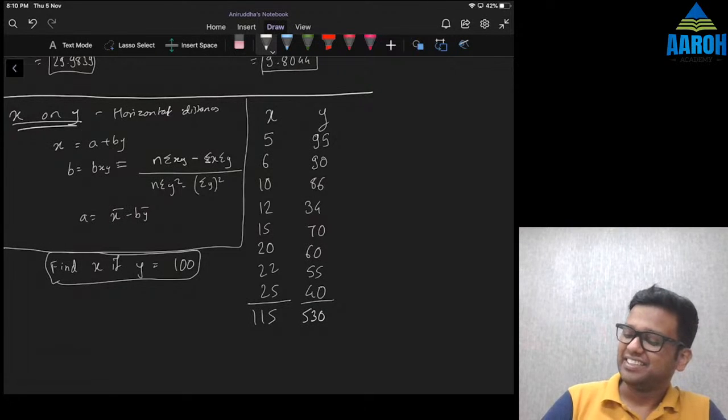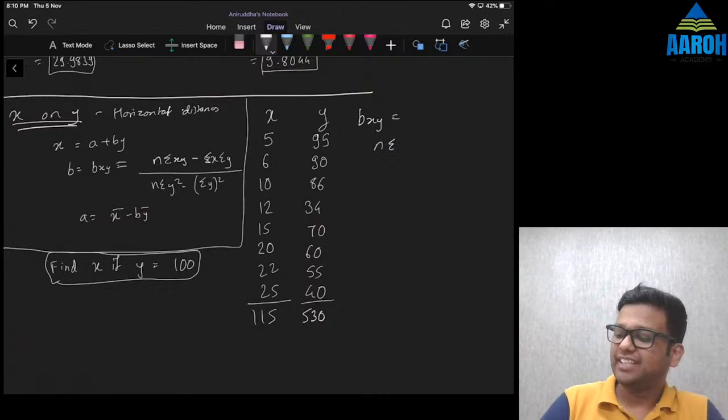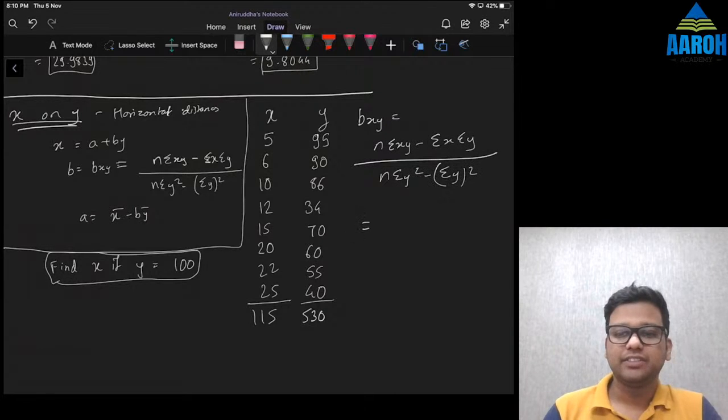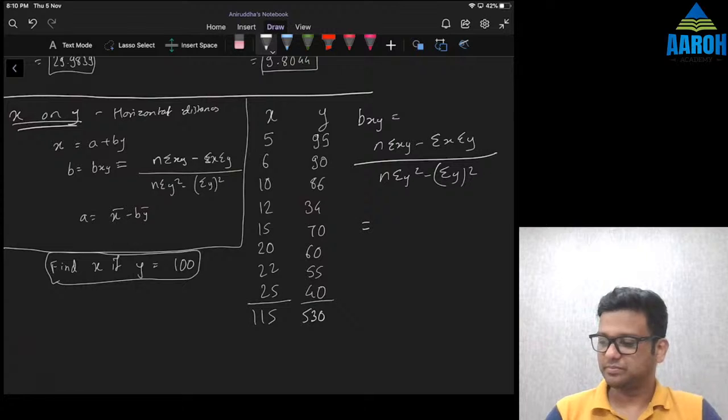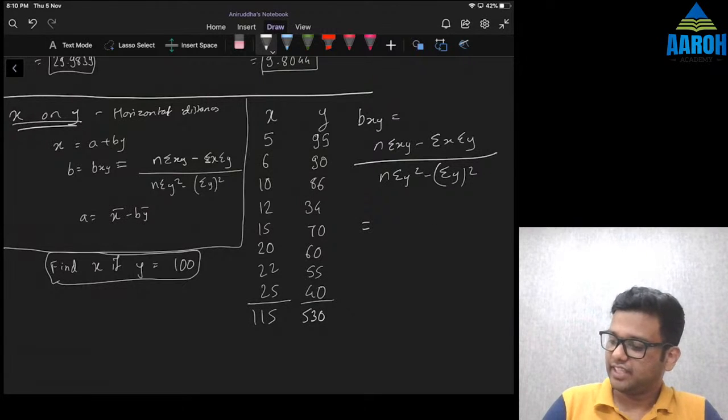Fine. So can you guys try to find bxy? n summation xy minus summation x summation y upon n summation y square minus summation y bracket square. Try to find.